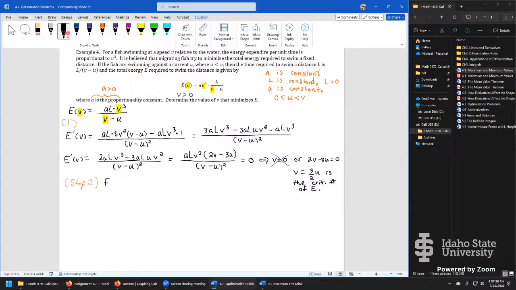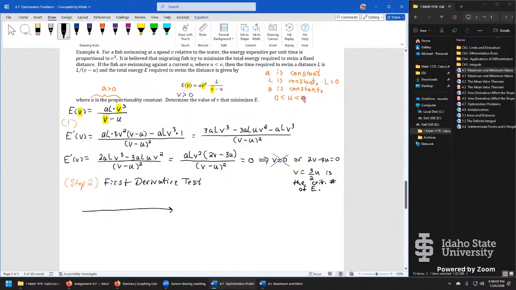let's use the first derivative test. So if we can show energy is decreasing to a certain point and then increasing after a certain point, where that point is at the critical number, we have found the absolute minimum. In the first derivative test, we draw a number line down this time.